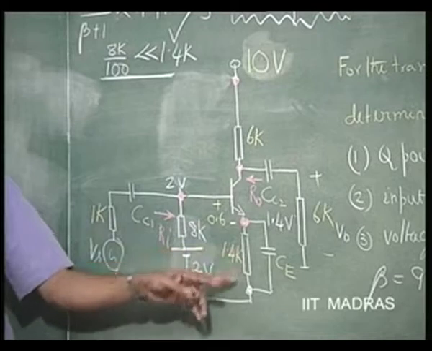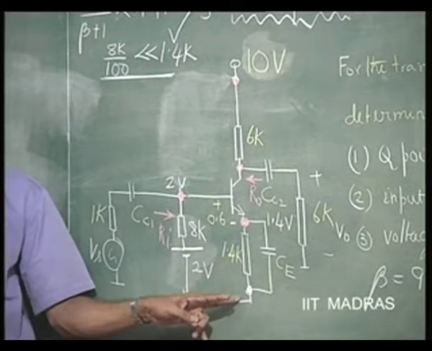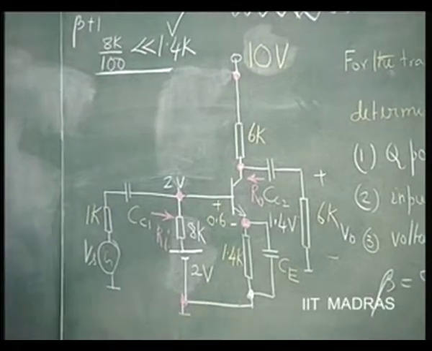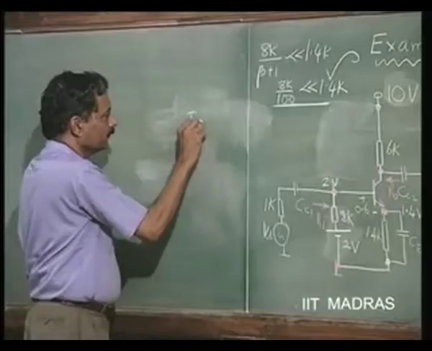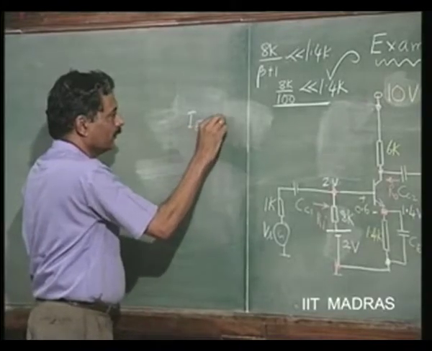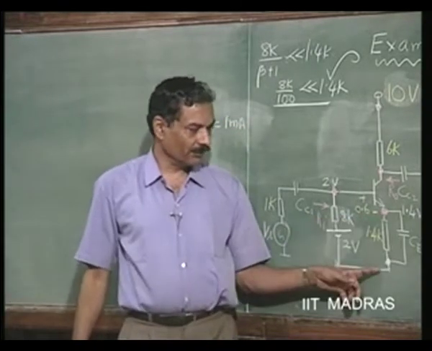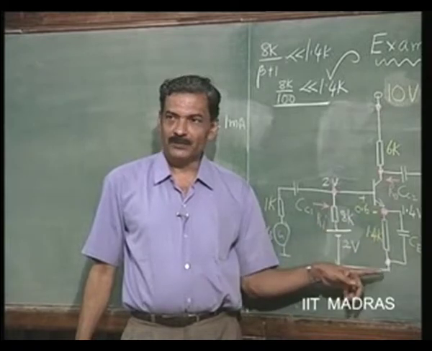So, 1.4 volts across 1.4K gives a current of 1 milliampere. So, we know that IEQ is equal to 1 milliampere.